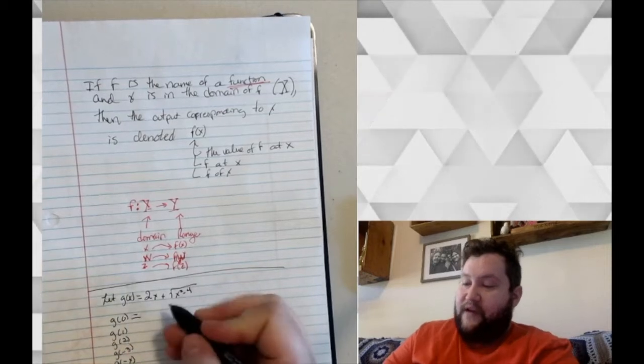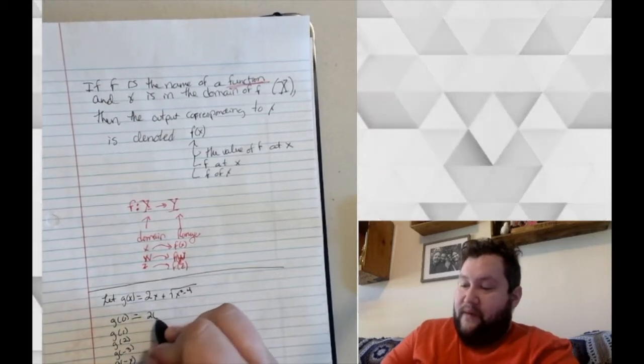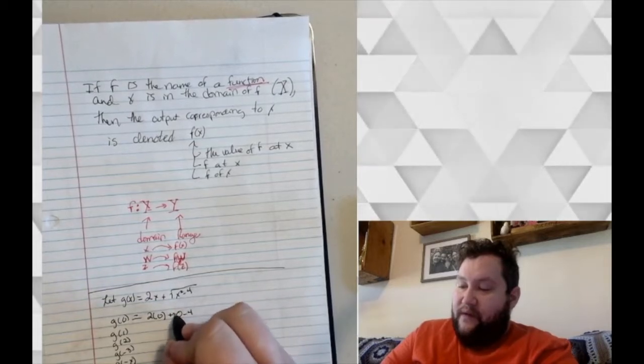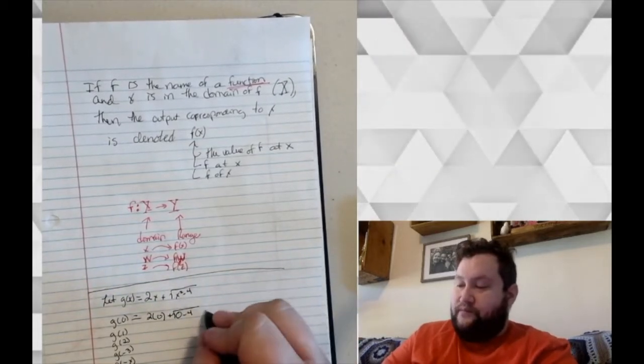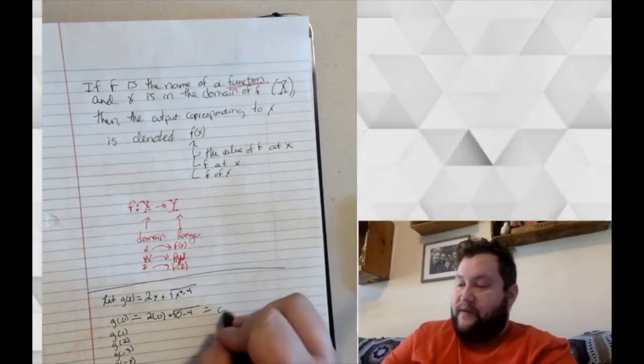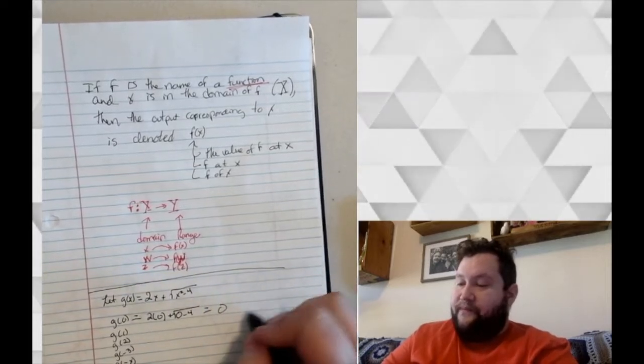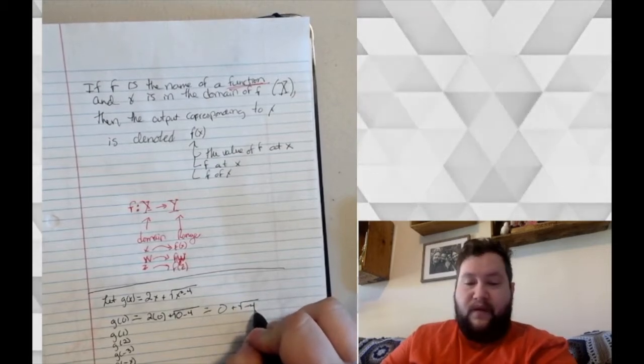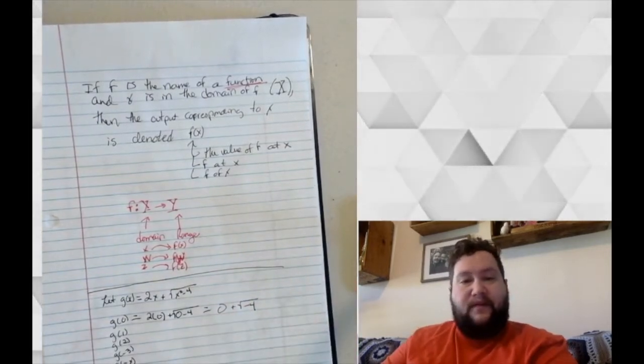And so when we find g at 0, we have 2 times 0 plus the square root of 0 squared minus 4. 2 times 0 is 0, plus the square root of negative 4. Well, here we can't take the square root of a negative number.